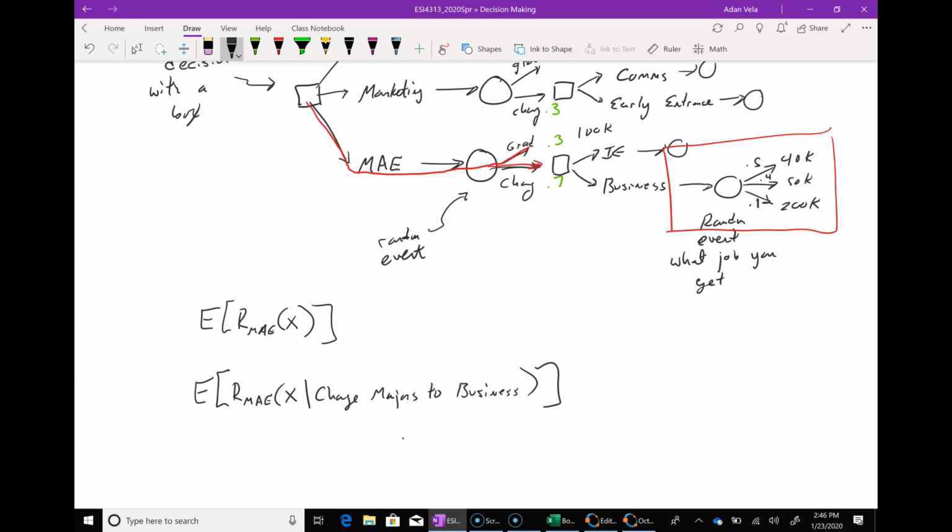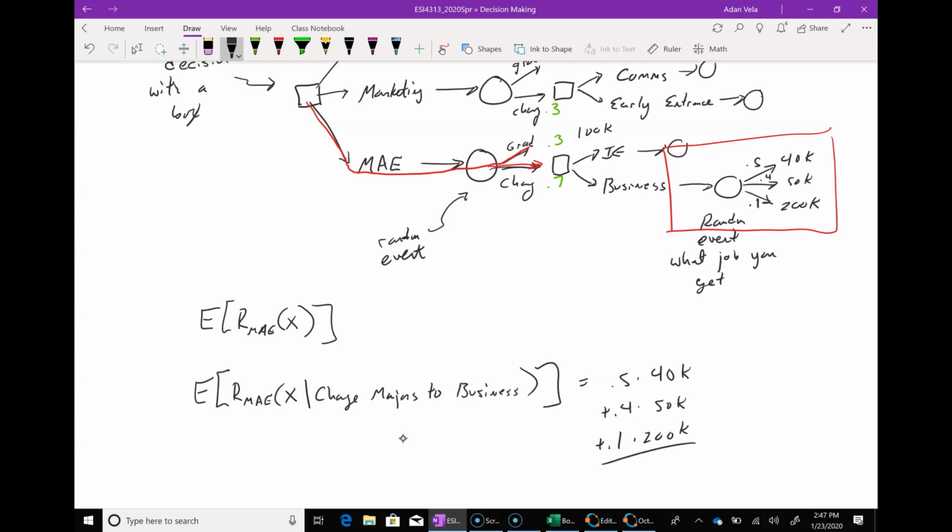We took MAE, and we know we changed majors and we decided to change majors to business. At that point, if we want to calculate our reward, it's just equal to 0.5 times 40K plus 0.4 times 50K plus 0.1 times 200K. So whatever that adds up to, that's the expected reward.